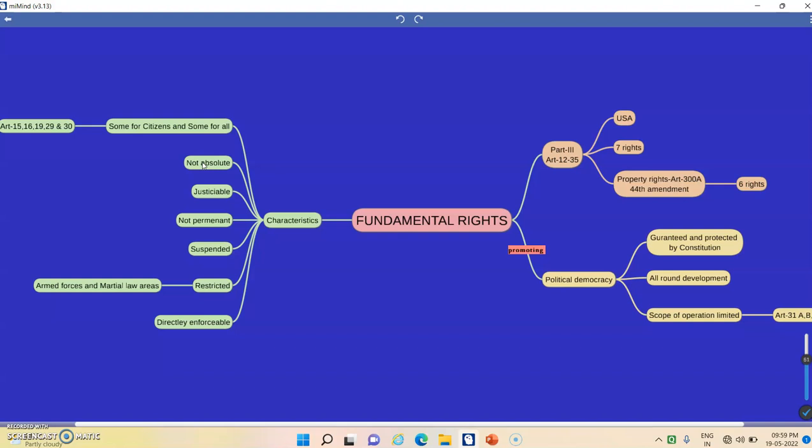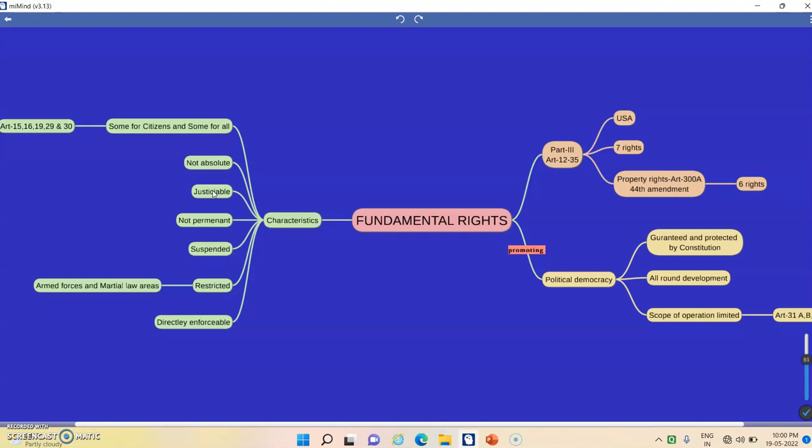Hence, the fundamental rights strike a balance between the rights of the individual and those of the society as a whole. The next characteristic of the fundamental rights is that they are justiciable. Fundamental rights are always justiciable, which means any person whose fundamental rights are violated can directly approach the Supreme Court.